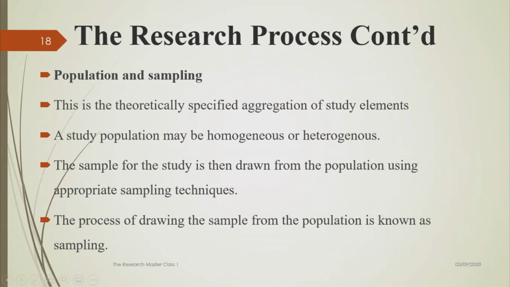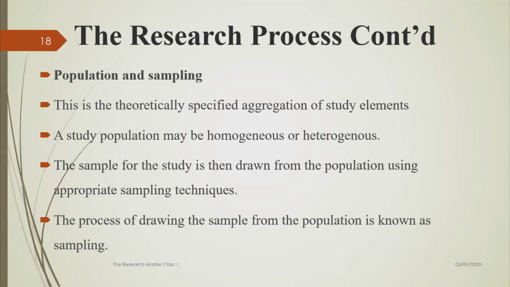So we would also have to decide on the population and the sample you are going to use in carrying out your study. And so what's the population? The population is the entire aggregation of study elements. So let's say I want to carry out a study and my population is University of Ghana.